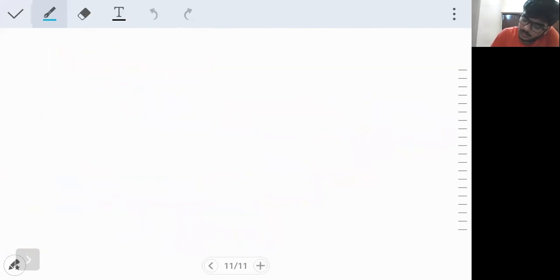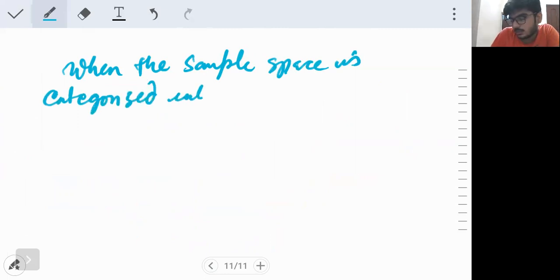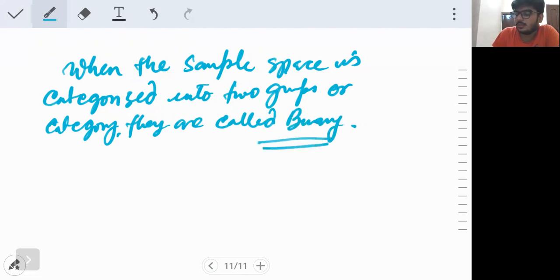And when the sample space is categorized into two groups or categories, they are called binary. This is what we were talking about, the binary data.